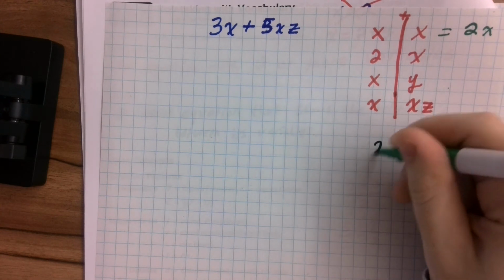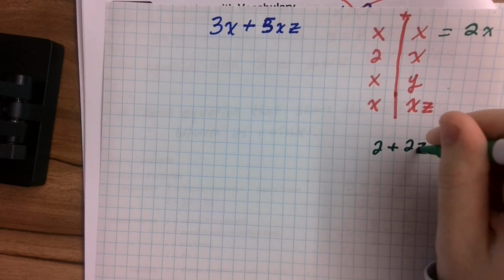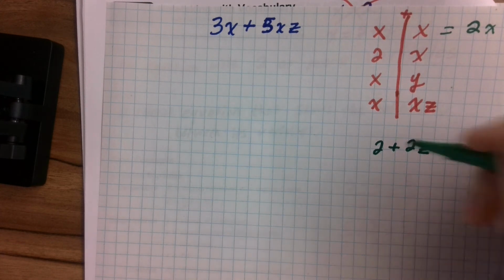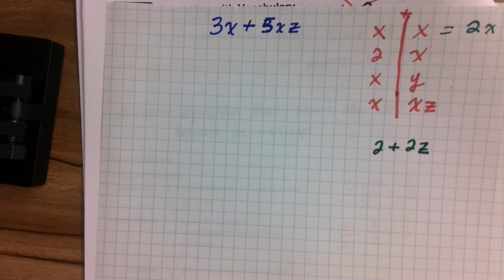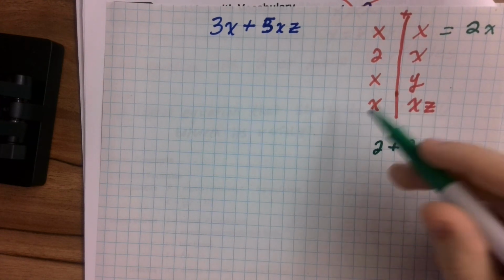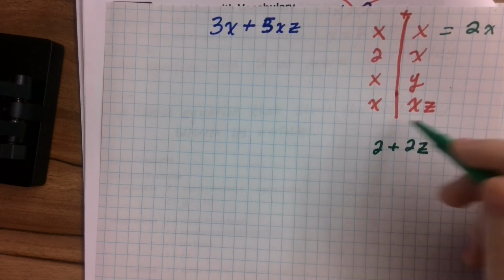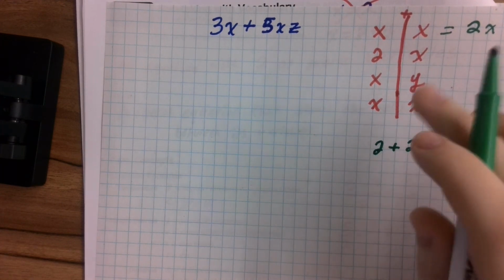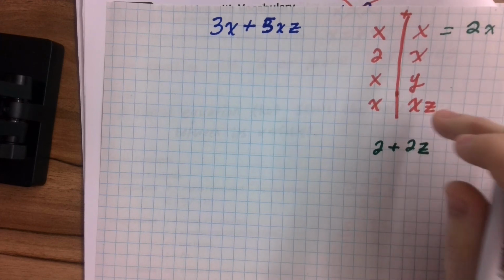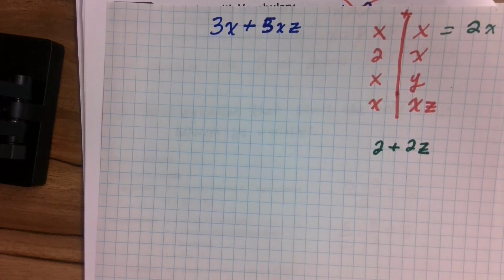What that'd really be is 2 plus 2z. Could we add these? No! This is 2 and this is a z. It's the same thing when you have multiple variables in the same problem. You can't combine them. These are considered 2 different terms. X is one variable, xz is another variable, at least for our purposes in this unit.